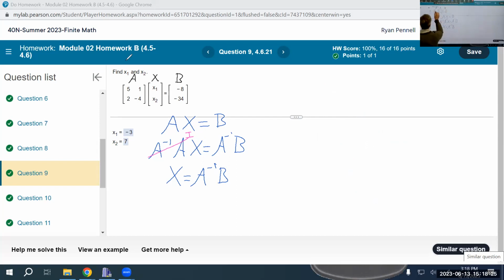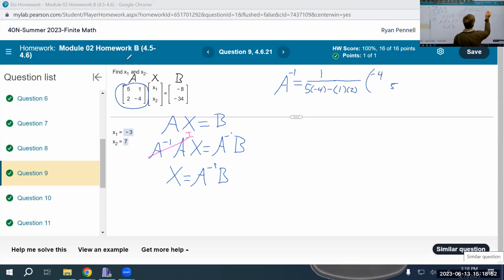So what is the inverse of that matrix? I notice it's a 2 by 2, and I'm going to use that to my advantage. So A inverse equals 1 over 5 times -4 minus 1 times 2. Switch order 4, 5. Negate -1, -2.